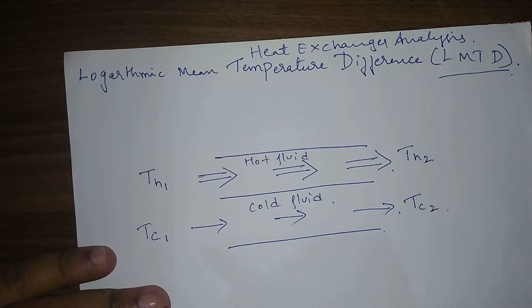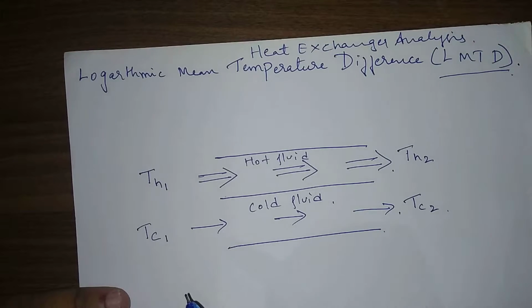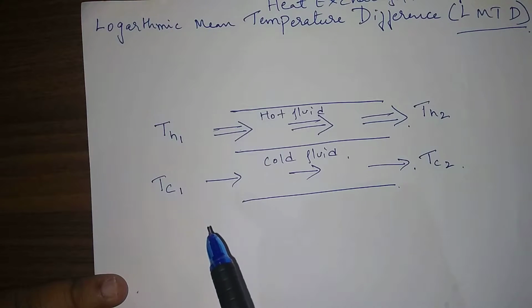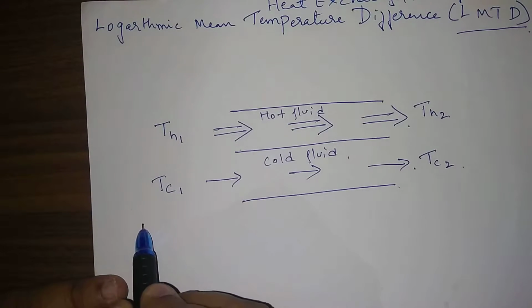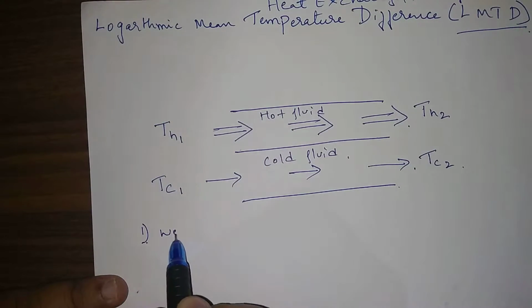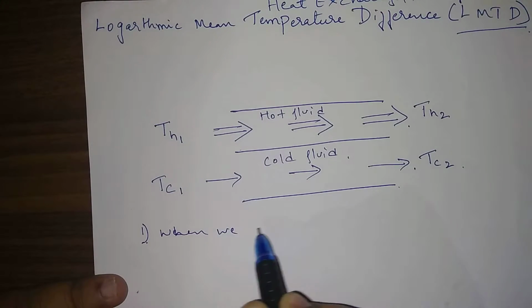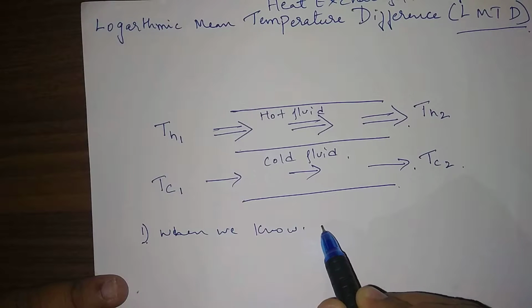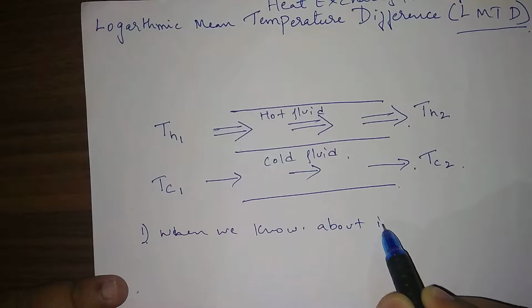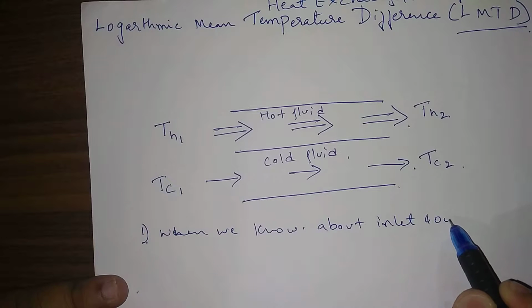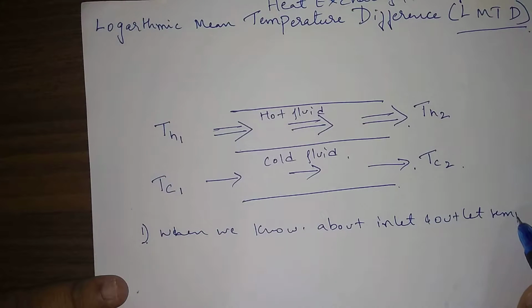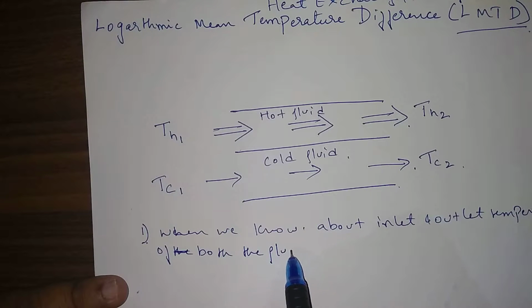So basically if you see here, there are two ways by which a heat exchanger can be designed. First thing is, when we know the inlet and outlet temperatures of both the fluids, that means both hot and cold fluids.